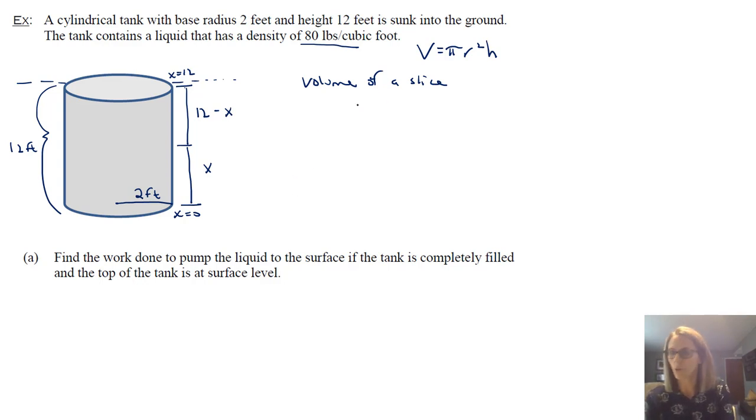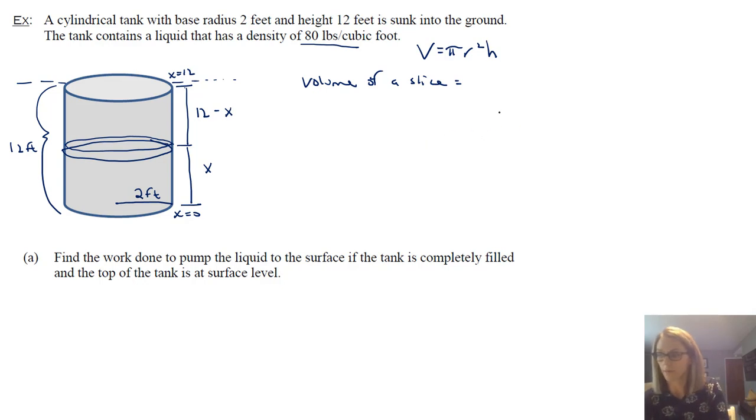So in terms of the volume of a slice, if we were to think about a slice of this cylindrical tank with this liquid in it, so you're just thinking about one slice here. More or less.